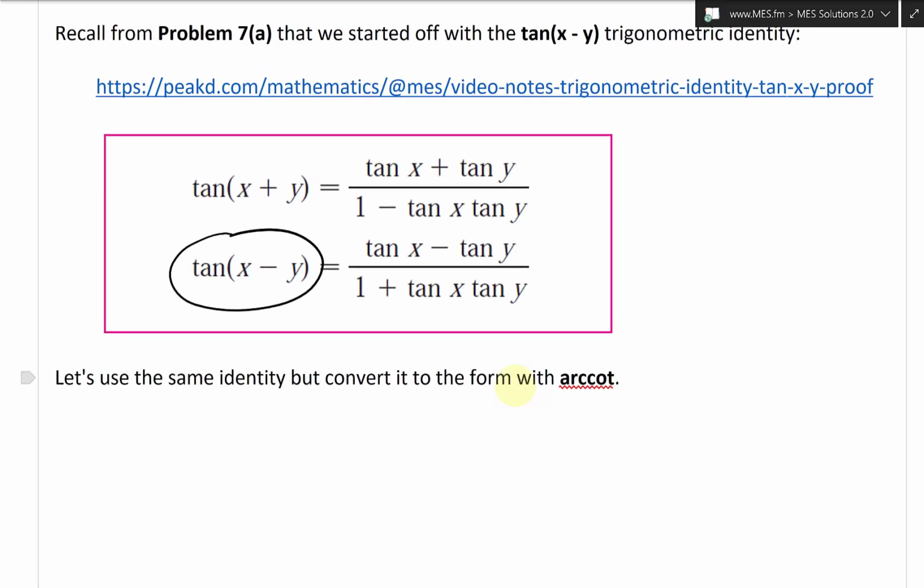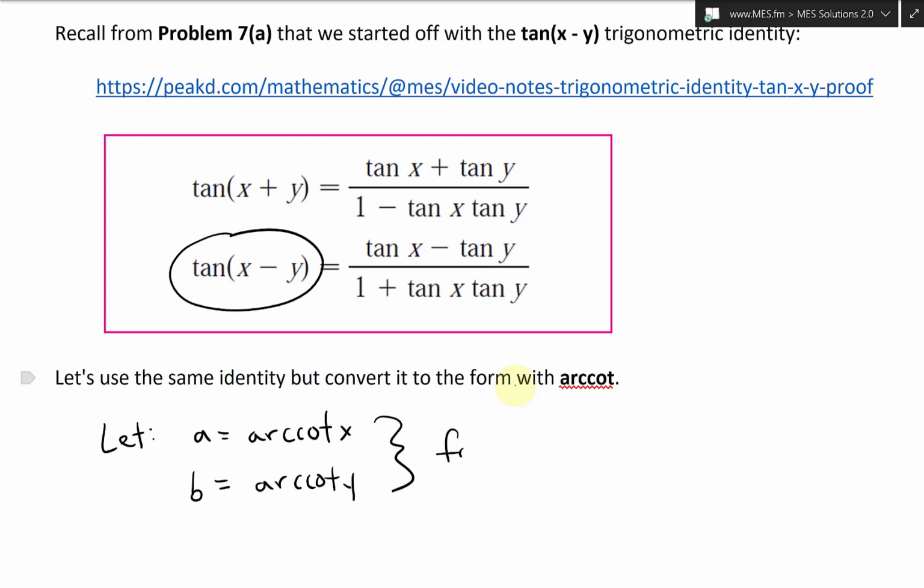So first off, let A equal arccotangent of x, and we'll let B equal arccotangent of y, like that. And let's say it's defined for 0 is less than a minus b, less than pi.